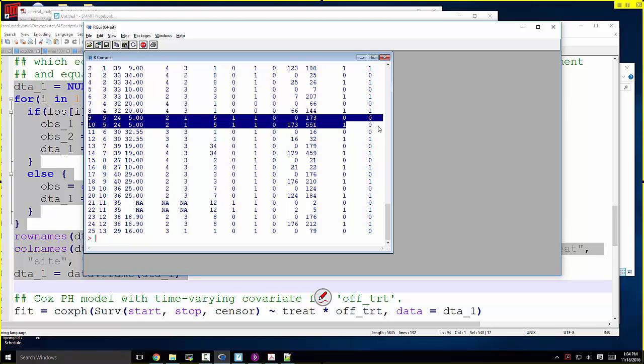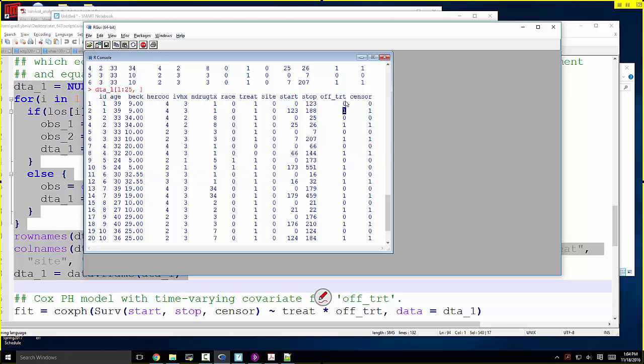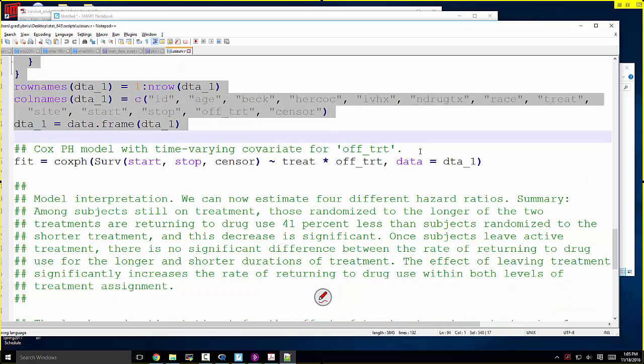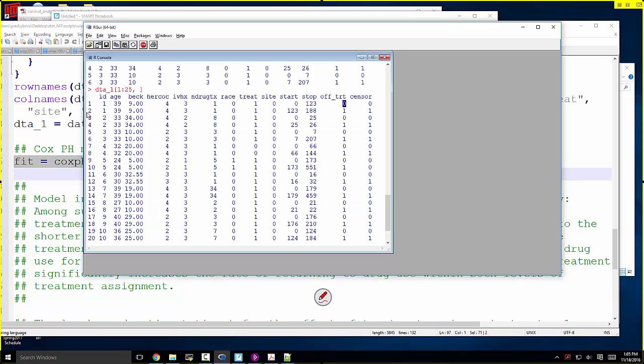But for most people, we just have two rows for each ID and a time-dependent covariate. And it turns out you can just pass the data like that to Cox-PH, which is a little bit surprising because we have multiple entries for the same person.